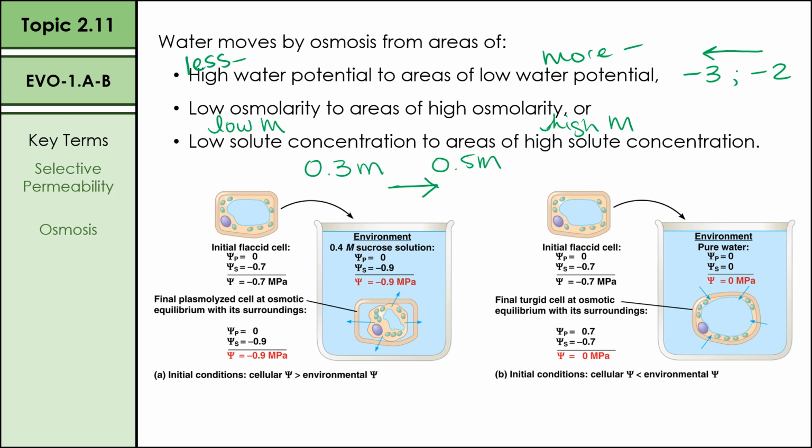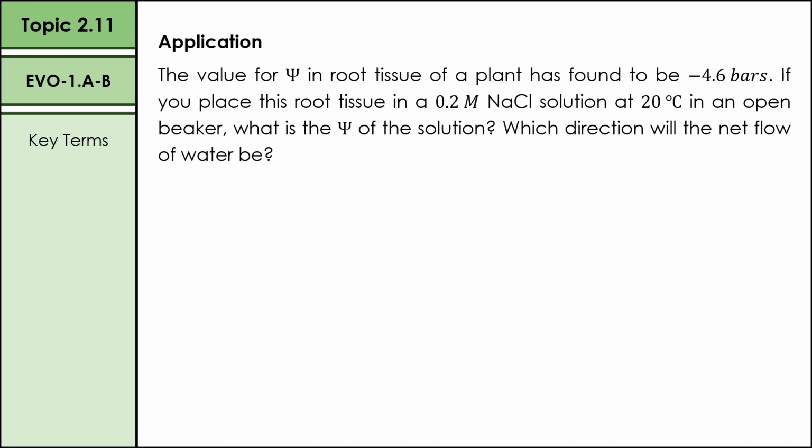So we're going to do one more application problem with that equation. For this application problem, I'm giving you two different water potentials, one that is given and one that you have to solve for.